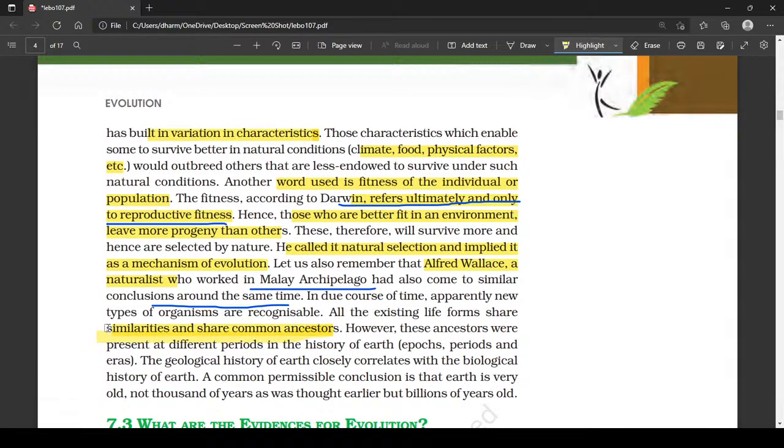However, these ancestors were present at different periods in the history of Earth, epochs, periods, and eras. The geological history of Earth closely correlates with the biological history of Earth. A common permissible conclusion is that Earth is very old, not thousands of years as was thought earlier, but billions of years.